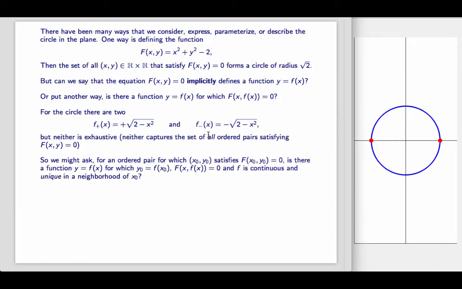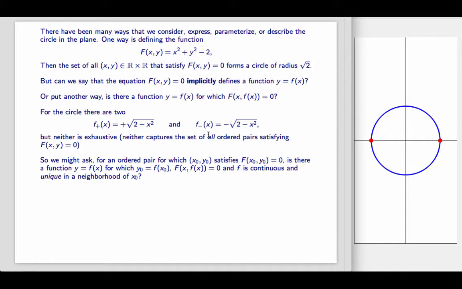So then we might ask, for a particular ordered pair x naught and y naught satisfying f of x naught and y naught equal to 0, in other words, they're on the circle, right? So for a point on the circle, is there a function y equals f of x that passes through it?